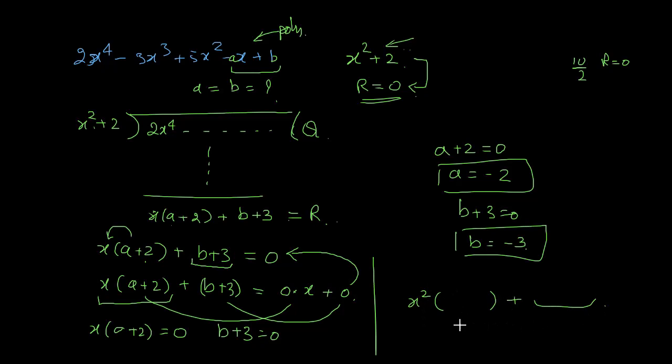During that time this again gets equated to 0, that x square gets cancelled, and whatever alpha value is given, you should be able to find out. The main thing to understand here is that the remainder is 0. When you divide you get some remainder; pay attention to what gets cancelled and what doesn't get cancelled, then equate that to 0. How to substitute 0 I have explained here, so substitute them and find the values.